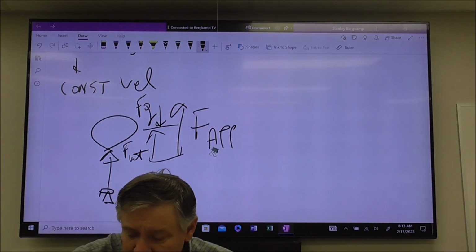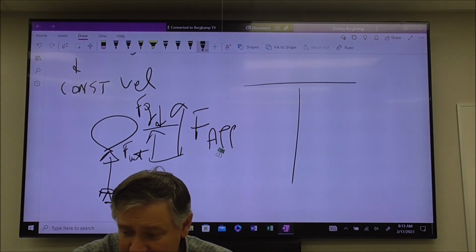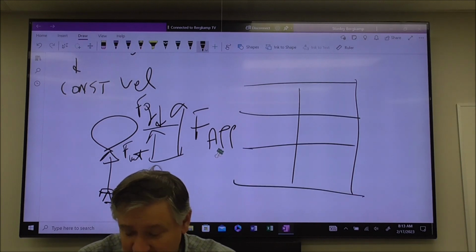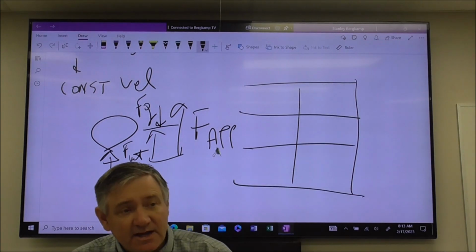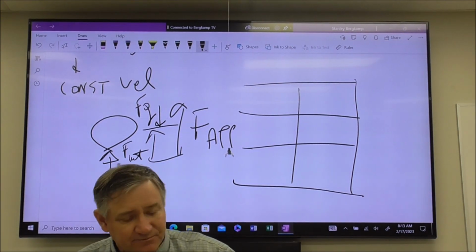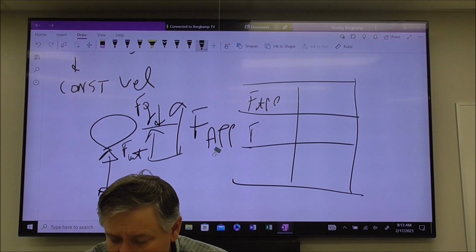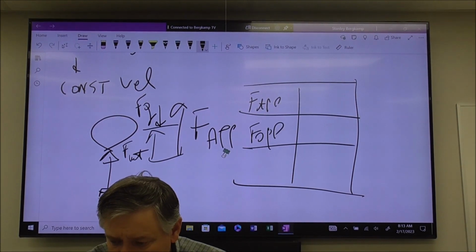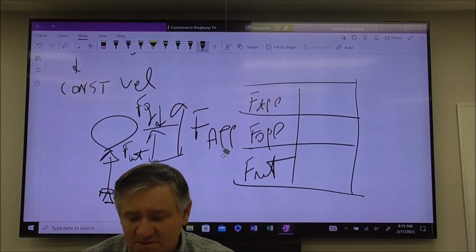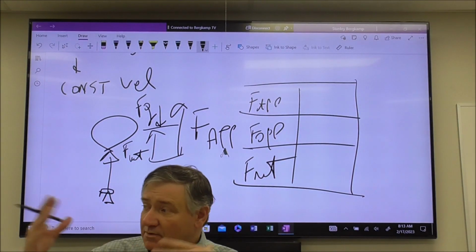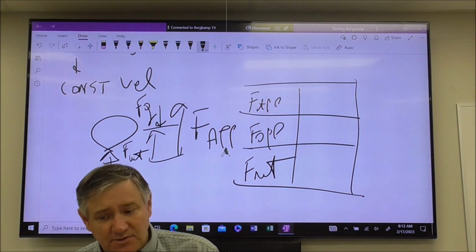The other way that you can do this, and I highly recommend, if not almost force you to do this, is to set up a chart where you're going to go force applied, force opposing, force net. Okay? Start with this idea. So I don't know the numbers, but here's what I do know.